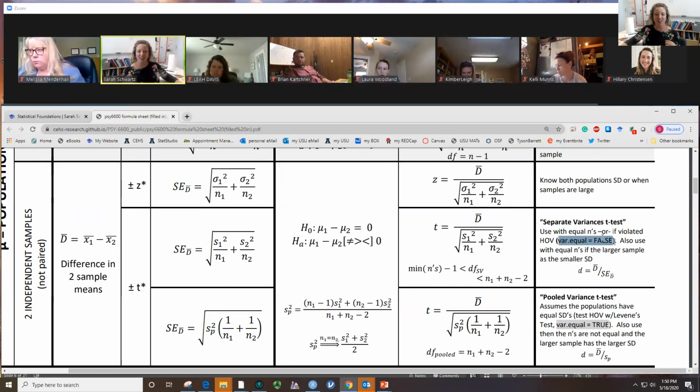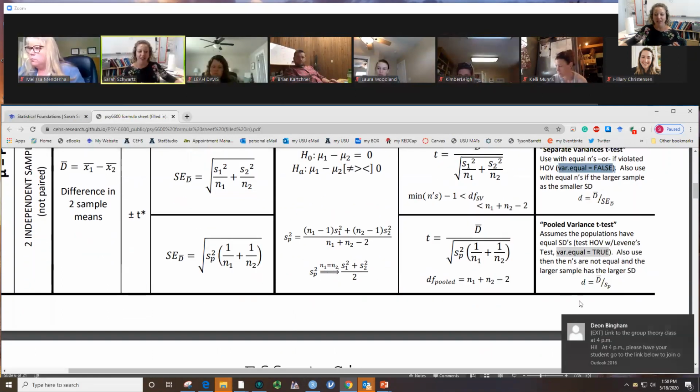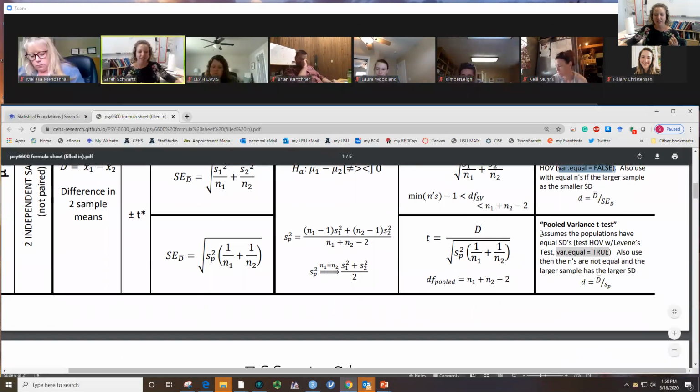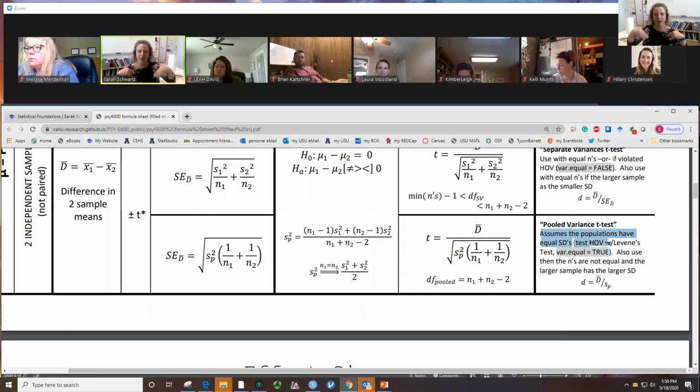The variances are not equal. They're separate variances. If we have populations that have the same amount of spread, that means homogeneity of variance. Homogeneity means the same, variance is spread. If the two groups have about the same amount of spread, then the option we use in R is var dot equal is true. That's the pooled standard deviation.